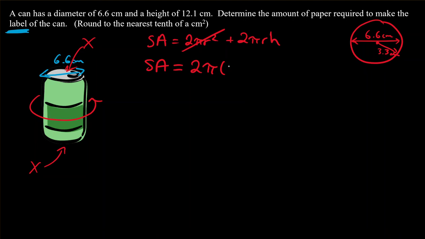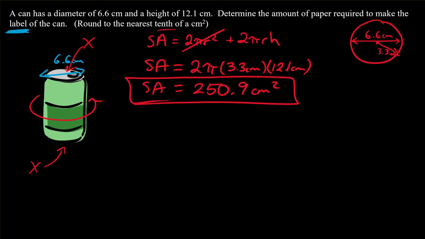So our radius is actually 3.3 centimeters, and our height looks like it's 12.1 centimeters. So if I plug all of this into my calculator, 2 pi r h, rounding to the nearest tenth, I should get 250.9 square centimeters.